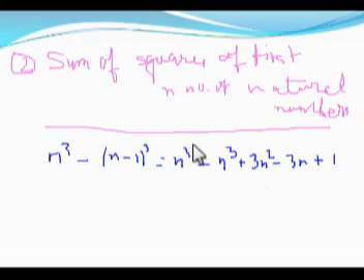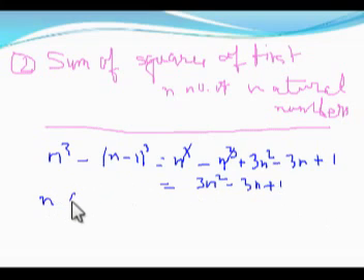So the n cube will cancel, and it will be 3n square minus 3n plus 1. Now n belongs to the set of natural numbers.